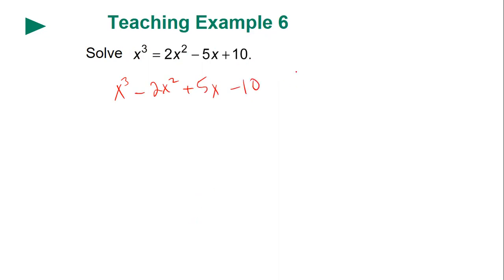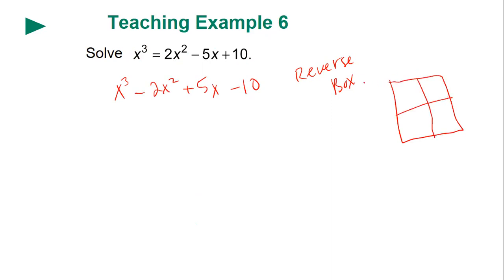And this is where we're going to use the reverse box. It's the reverse because we have our inside, but we need to find our outside, right? How did we get there? So we have x cubed, negative 2x squared, 5x, and negative 10. What's the GCF here?